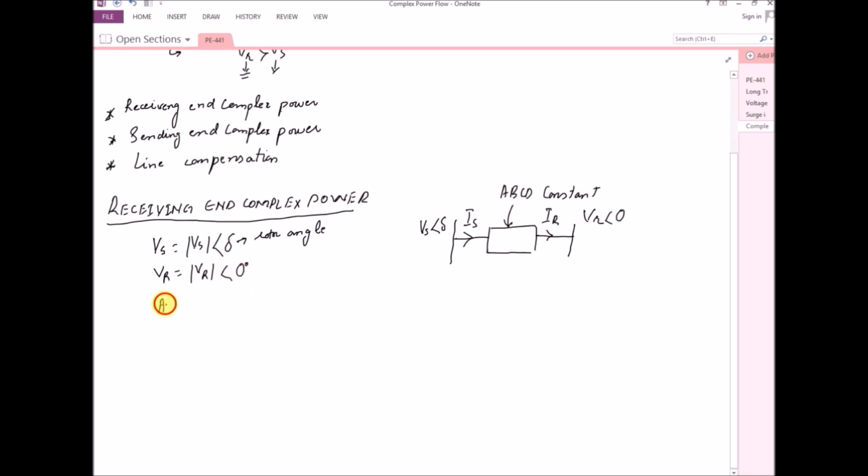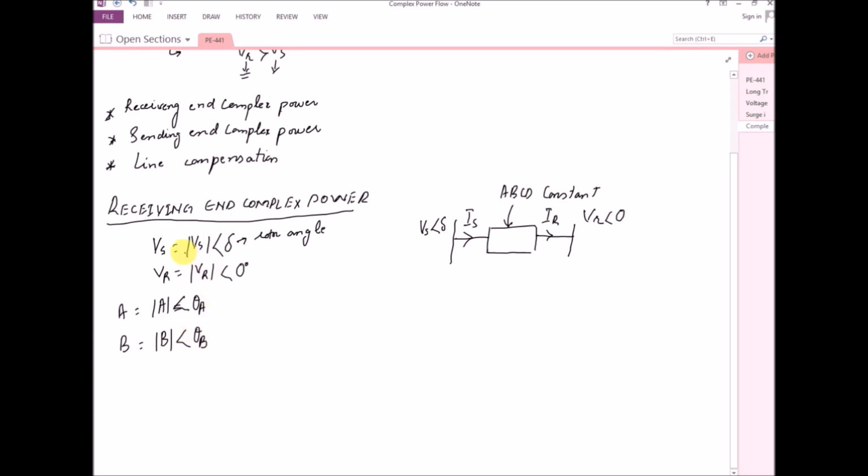For the constants we have a magnitude and an angle theta A, so this is your constant A. For constant B we have a magnitude and angle theta B. Similarly we can also write it for the constants C and D.